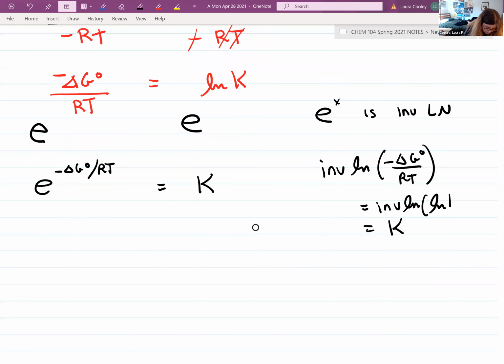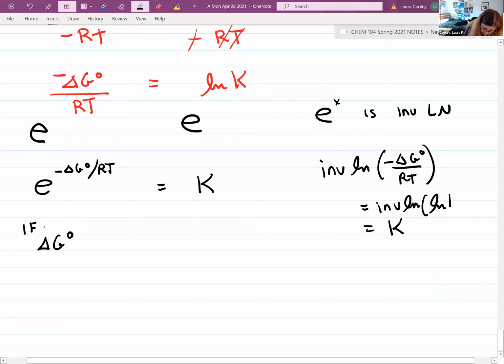Let me just show you an example. Suppose that our delta G0 equals positive 100 kilojoules per mole.